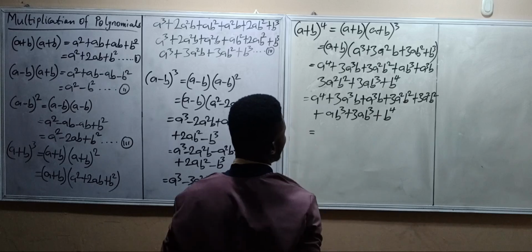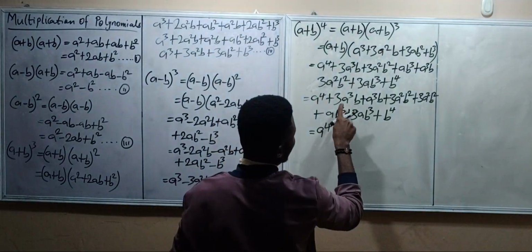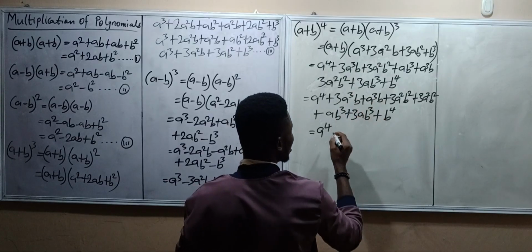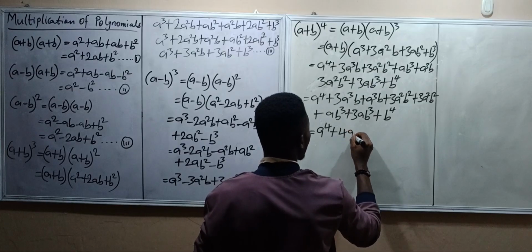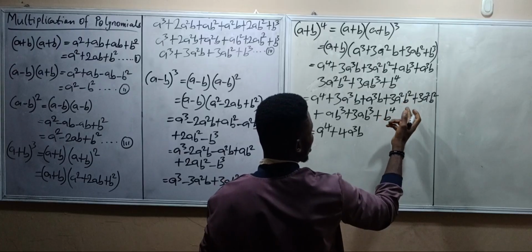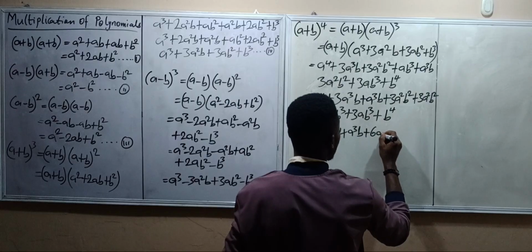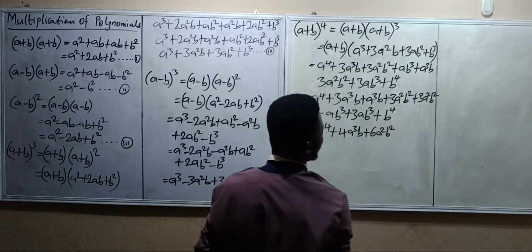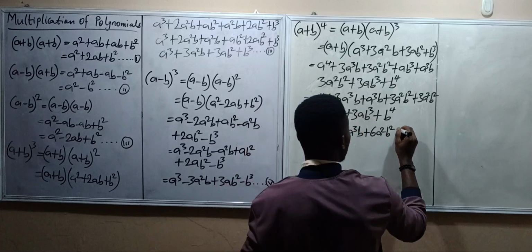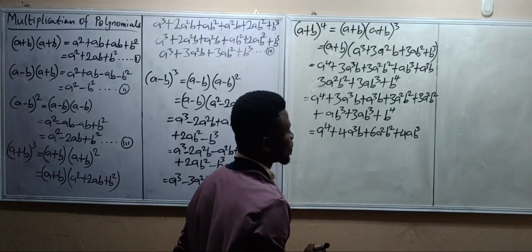And this is equal to a⁴. Now 3a³b plus a³b, that is plus 4a³b. Now coming to this one, 3a²b² plus another 3a²b², that is plus 6a²b². Now ab³ plus 3ab³, that is plus 4ab³.